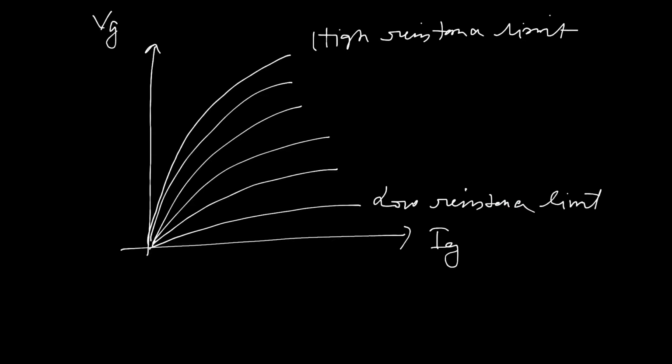In all the cases, it should be present between this region, which is confined by high resistance limit and low resistance limit. So we can say these all are the actual characteristics of the individual thyristor for a given type. Okay.